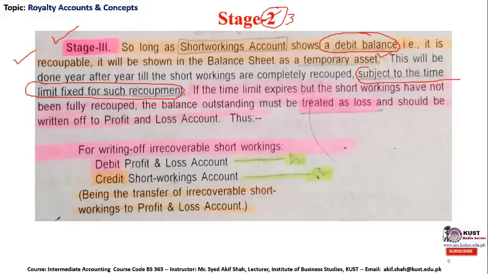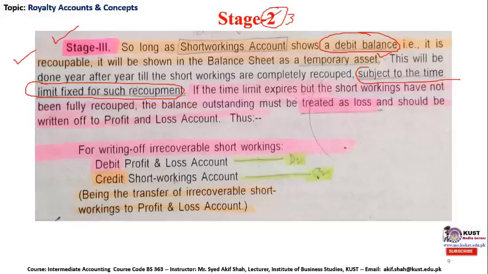The lessor may also restrict the short working recoupment to a fixed tenure or restricted period, or it may have a floating perspective, where the lessor allows in the lease agreement that the lessee can recoup this short working amount in subsequent years.